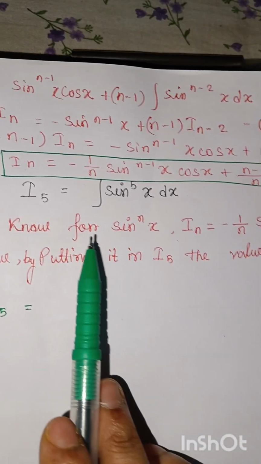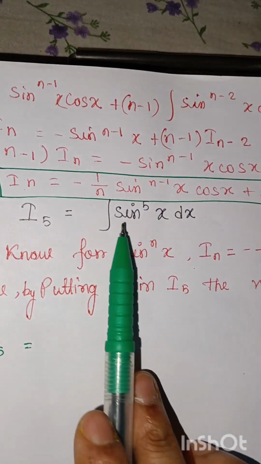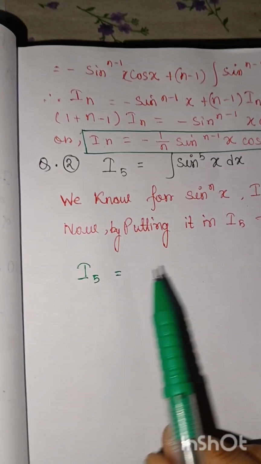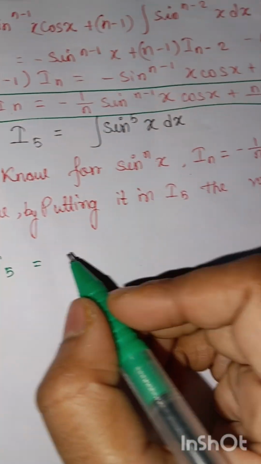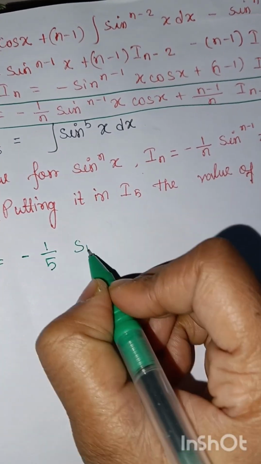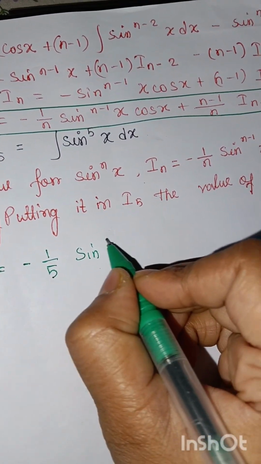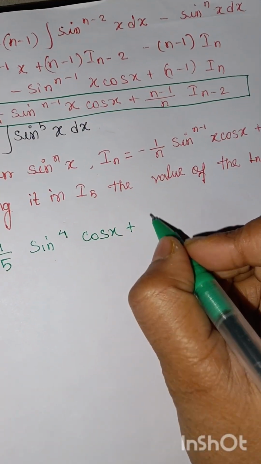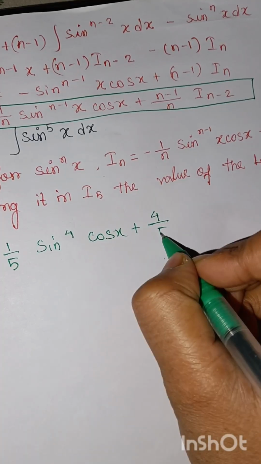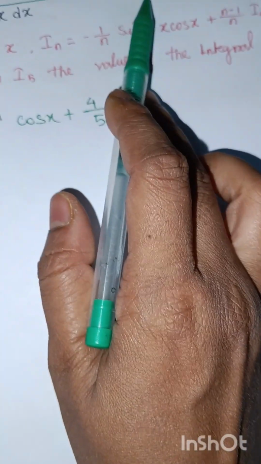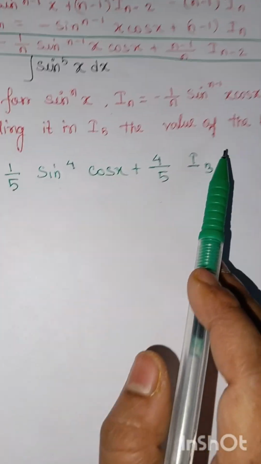Now I put this equation into the question: the integration of sine to the power 5 x, that is I5. I find the value of I5 by putting in this equation: minus 1 by n, that is 5, and sine to the power n minus 1, that is 5 minus 1, which is 4, into cos x plus n minus 1 by n, that is 4 by 5, into I3, because the equation is I n minus 2, that is 5 minus 2, which is 3.